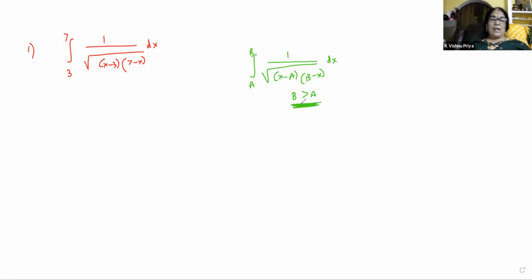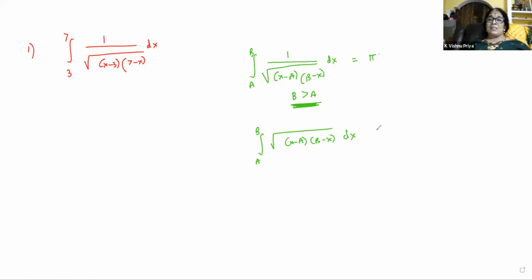Okay. Now, as per the formula, directly the answer will be pi. Close your eyes and write. The answer will be pi. Very clear. But sometimes you will have different types of problems also. Like you will have a to b, square root of (x minus a) into (b minus x) dx, which is in the numerator, not the denominator.